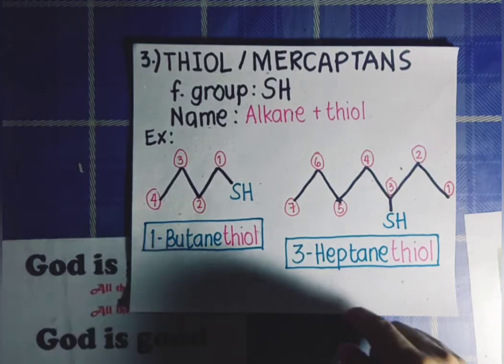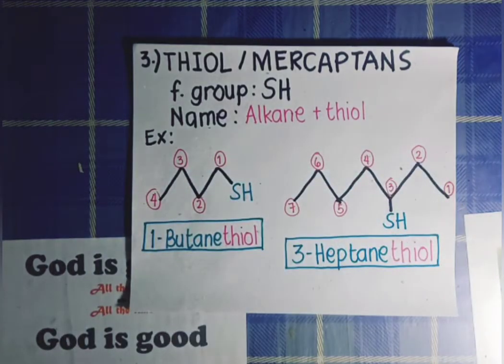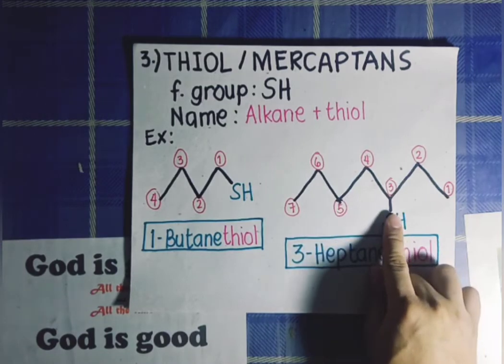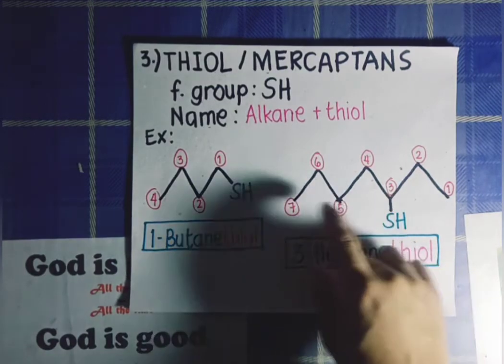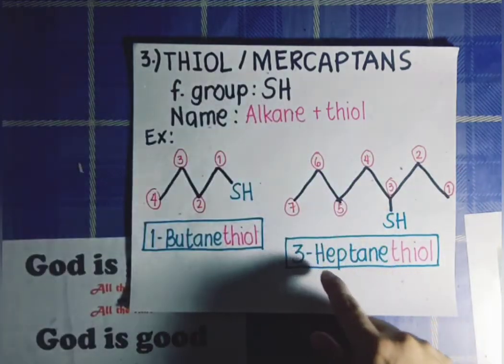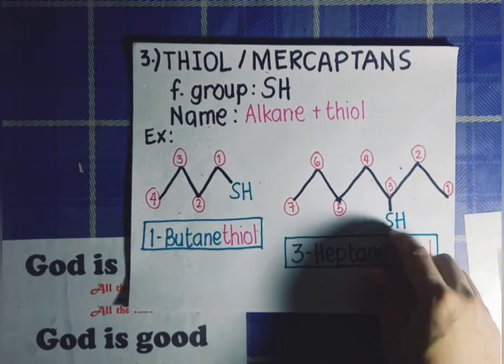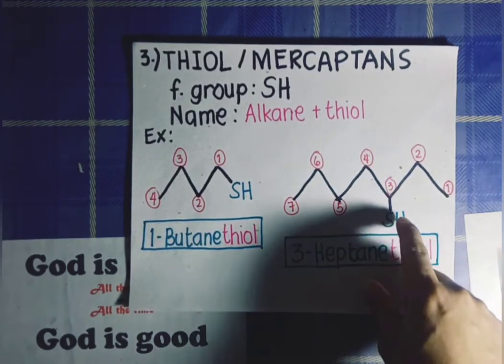For the second example, we have here 1, 2, 3, 4, 5, 6, 7 carbon atoms. Now this one is not a carbon atom again, it's attached to SH. We have here 7, so our alkane name here is heptane. Then we have here the thiol group. And where is our thiol located?